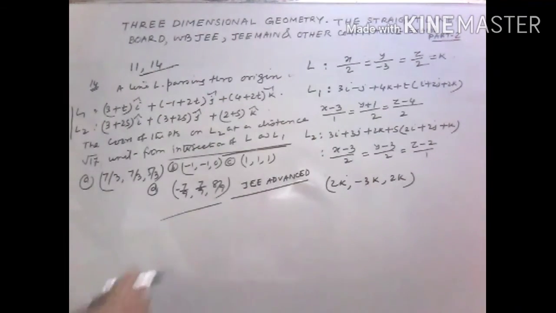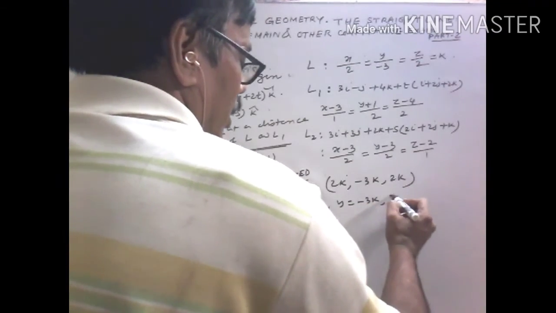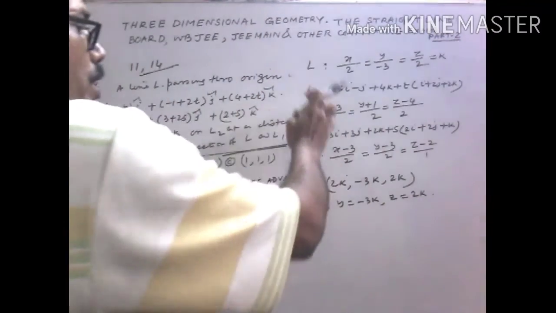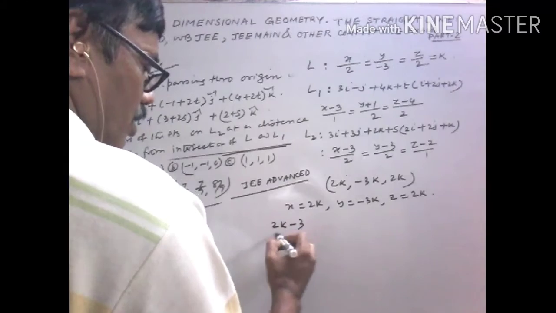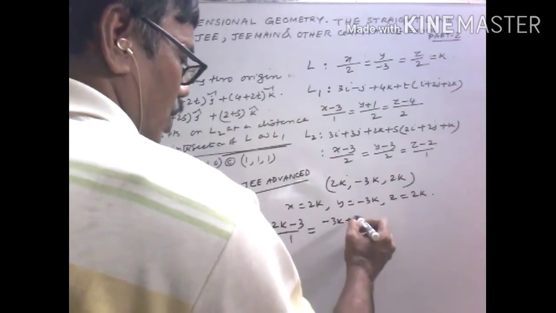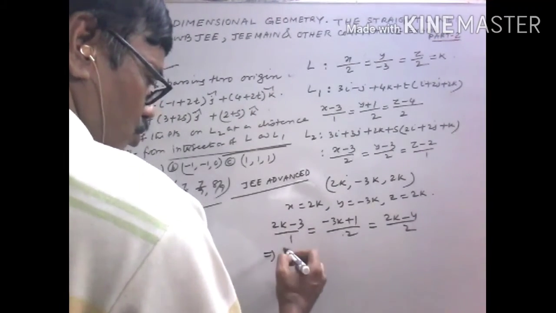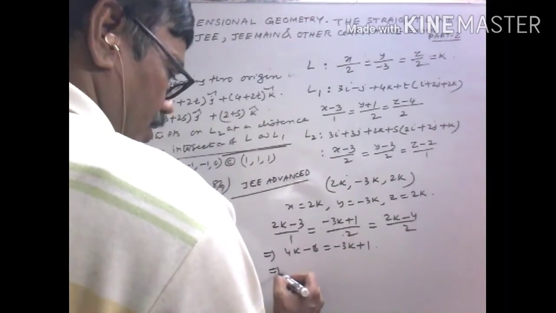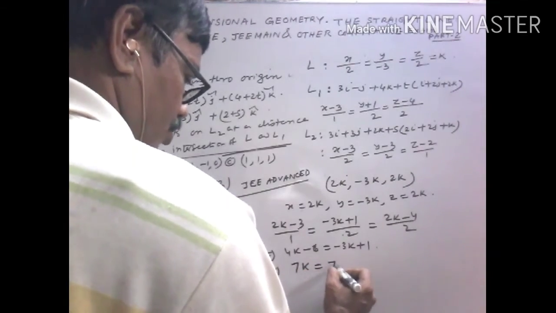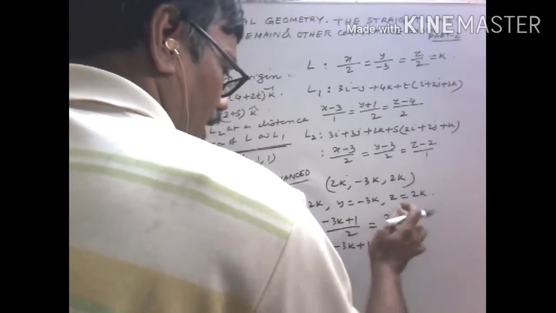Putting x equals 2K, y equals minus 3K and z equals 2K in L1, we get (2K minus 3) by 1, (minus 3K plus 1) by 2, (2K minus 4) by 2. Considering the first two, 4K minus 6 equals minus 3K plus 1, so 7K equals 7, so K equals 1.